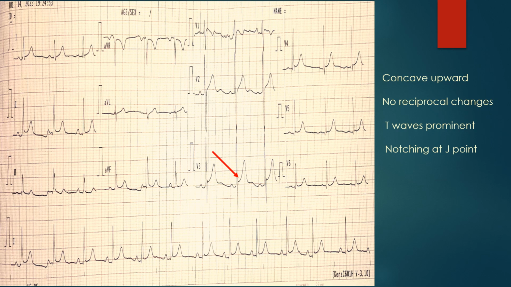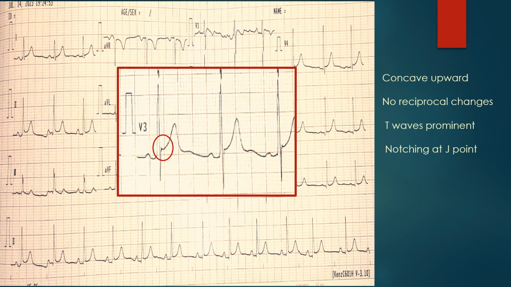We can see that there is a notching at the J point, and that is being seen in the chest leads predominantly. So let me zoom in on one of the leads. Here we can see the notching that is more prominent, especially in leads V3 and V4.